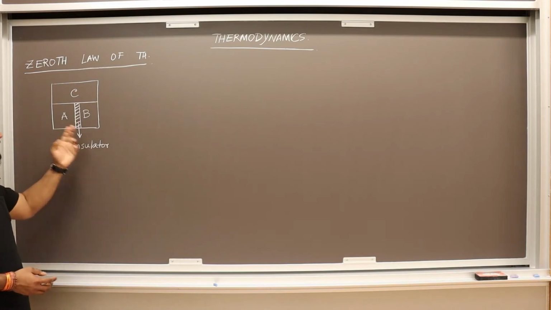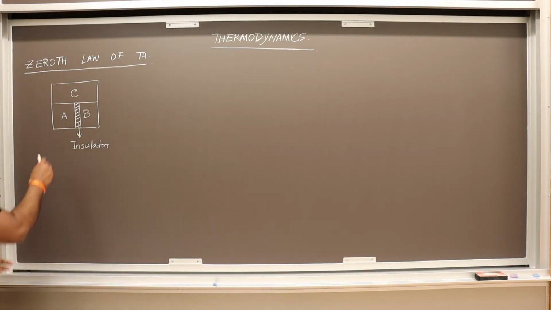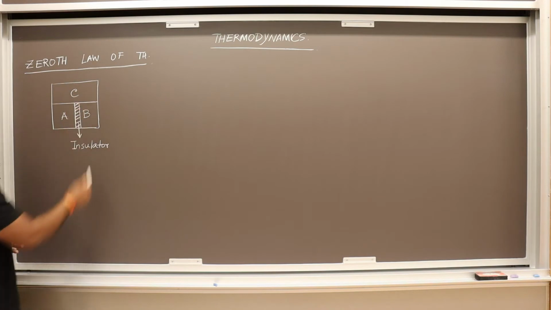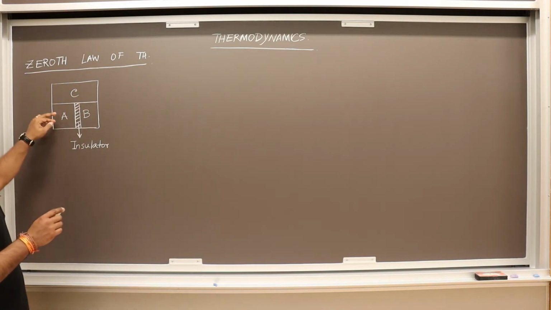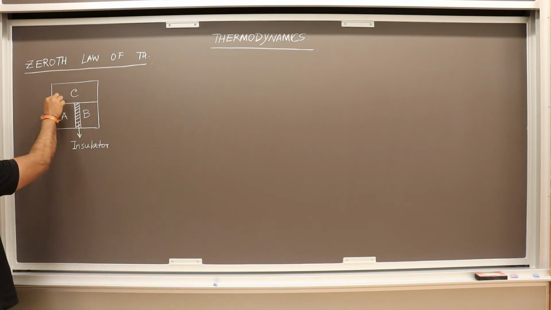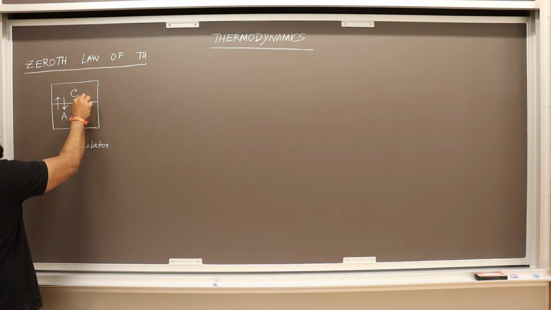When we have an insulator, there is no heat being exchanged between those two, right? Now, A and C are in contact, and there is a possibility of heat exchange between these two. And also C can exchange heat with B.